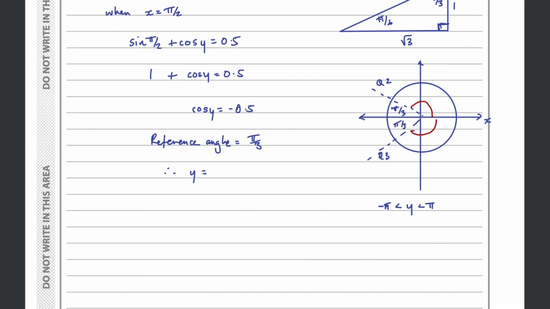So then the two possible values for y will be pi take pi on 3, and then this angle is going to be negative pi take pi on 3 as well. So negative pi take pi on 3. Actually, that's a plus pi on 3, isn't it? Yes. So we're at negative pi, we add on pi on 3 to get this angle here. Okay, so plus pi on 3.